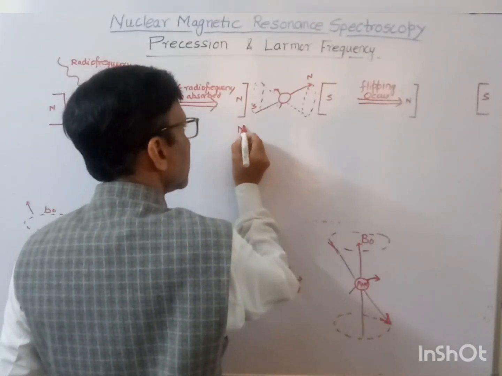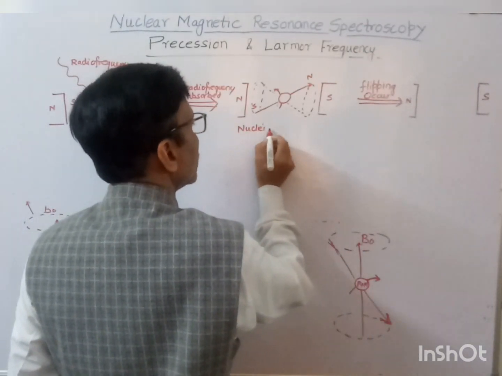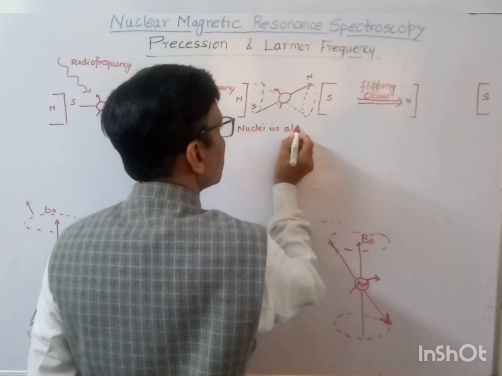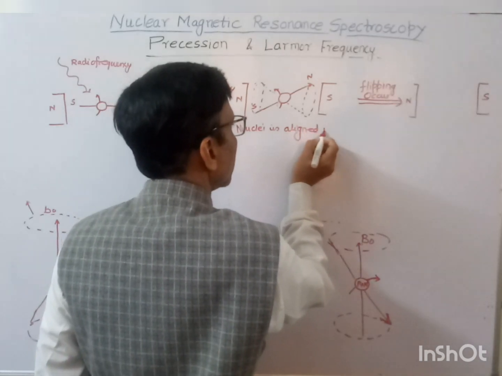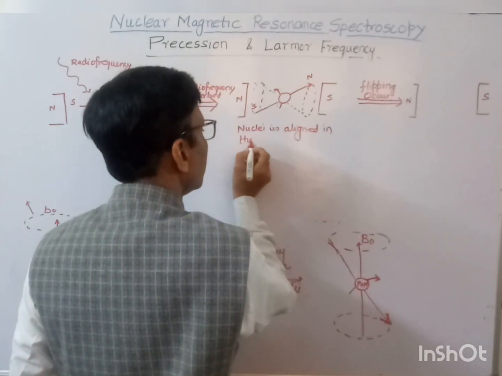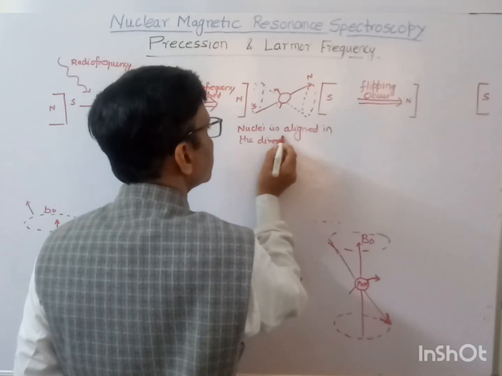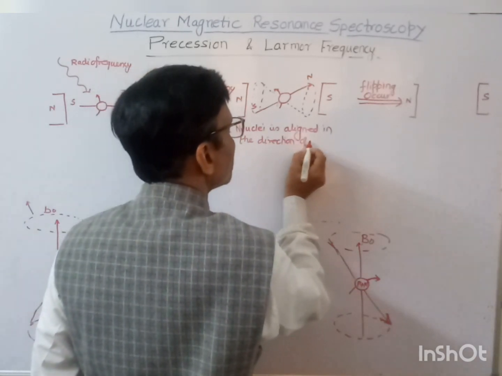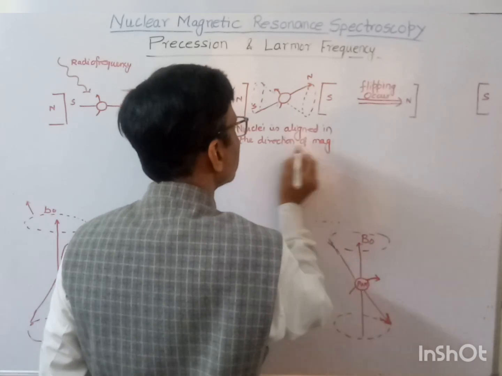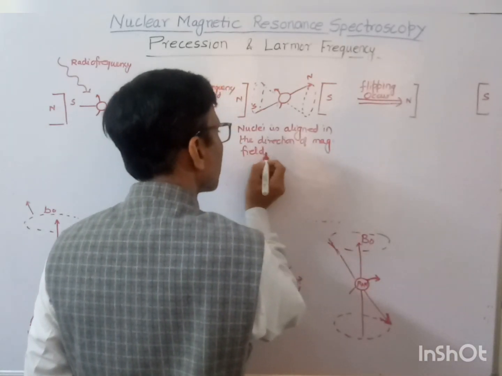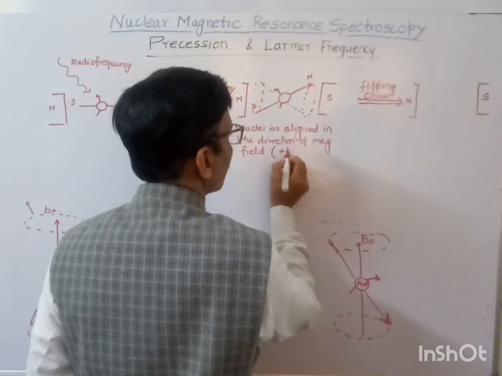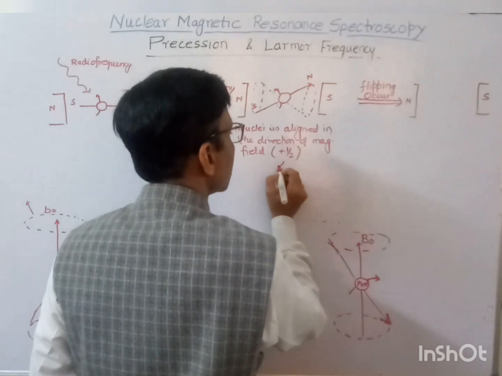The nuclei is aligned in the direction of magnetic field, having value plus half, which is called the alpha state.